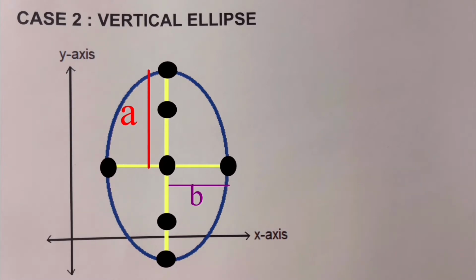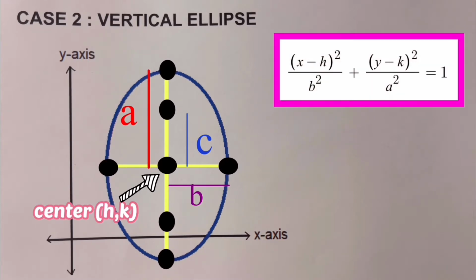And the distance from the center to the focus is represented as letter c. Using all these values, we remember that the formula for vertical ellipse is quantity (x minus h) squared over b squared plus quantity (y minus k) squared over a squared equals 1.